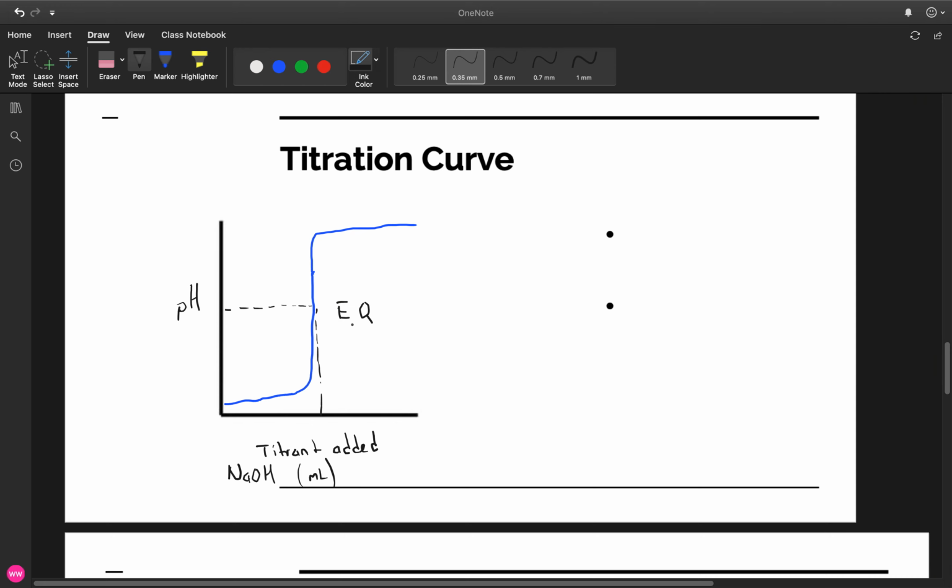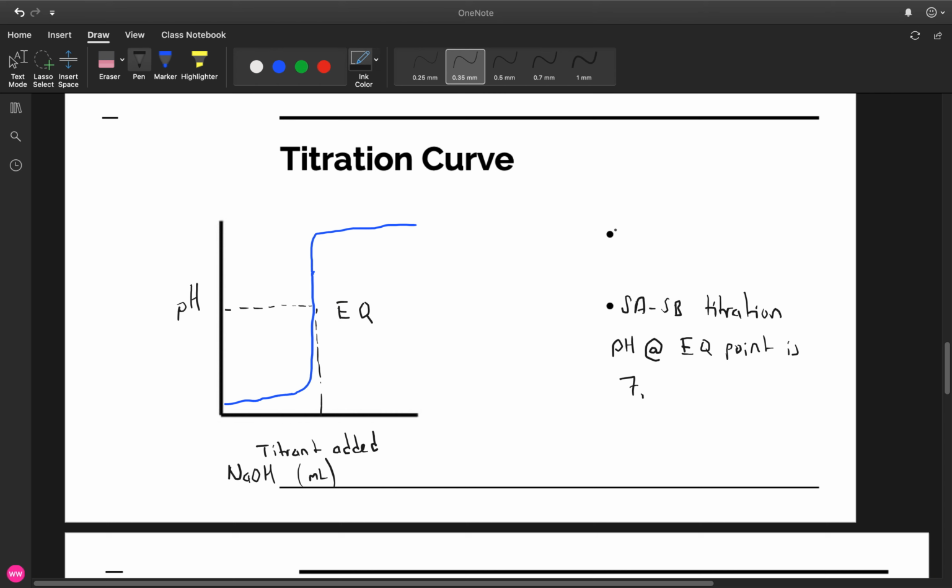And for a strong acid, strong base titration, the pH at the equivalence point is 7. This is not true for weak acid, strong base, or weak base, strong acid titrations, but we'll get to that later.